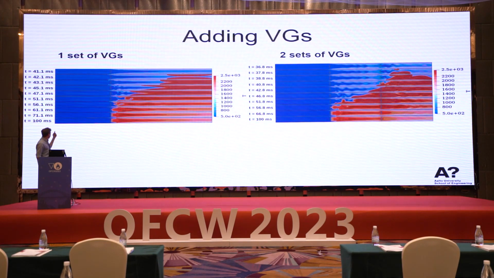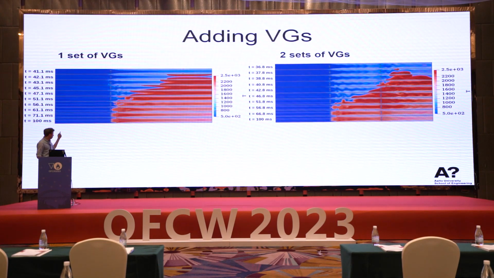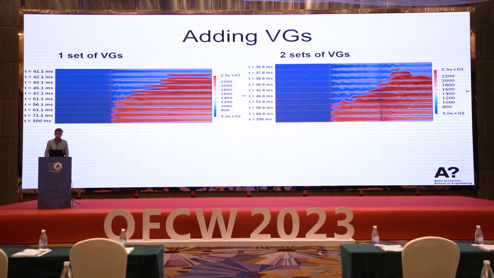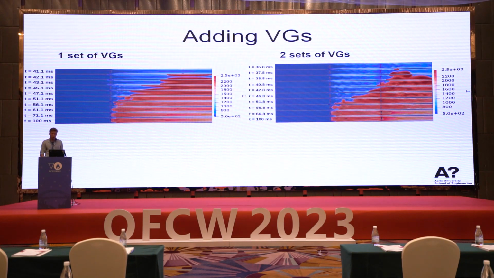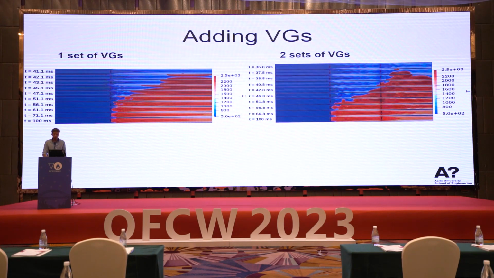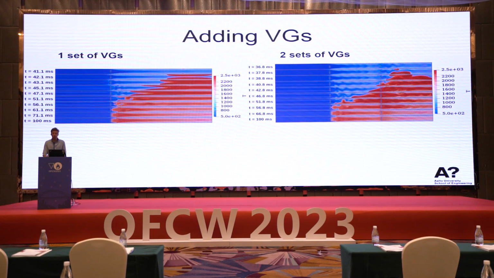In the case of one set of VGs, the ignition delay time (IDT) is pretty much the same as without any VGs. But in the case of two, we have higher vorticity, and this decreases the IDT by about 20%.